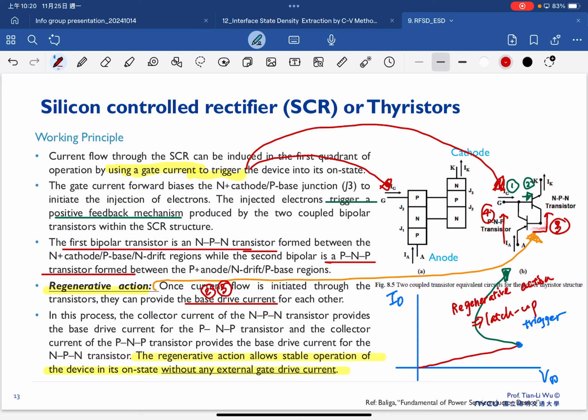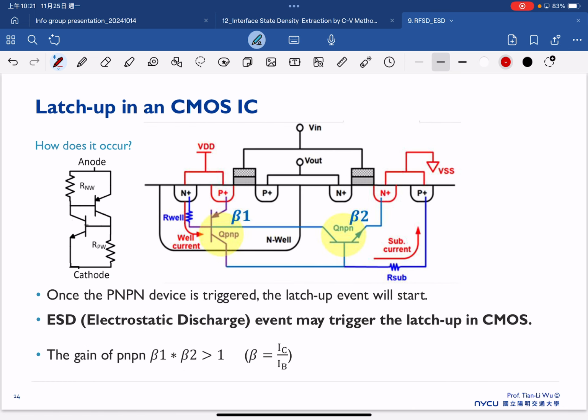So now, if we look back again at the typical CMOS ICs, okay, so if you look back at the latch-up in the CMOS IC, as we already explained in the previous slide, I think so far you should be able to get a little familiar with why this circuit can cause a huge current here.